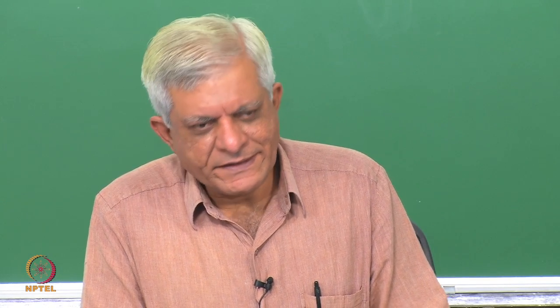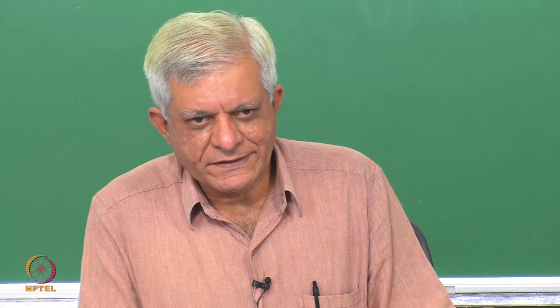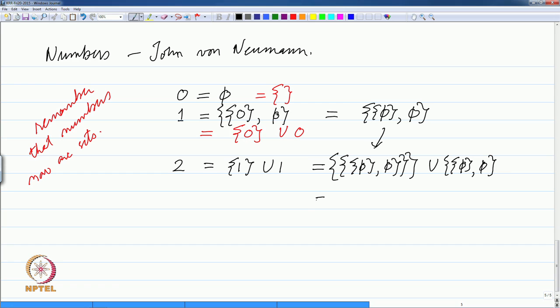So, 1, the set containing 1 union with 1 essentially, which of course gives me the set of these 3 objects, the set containing phi and phi.